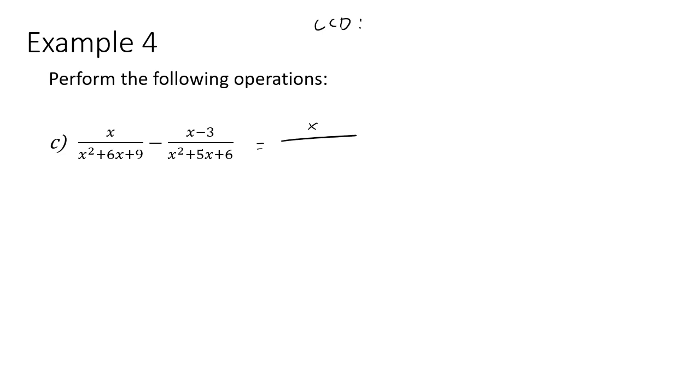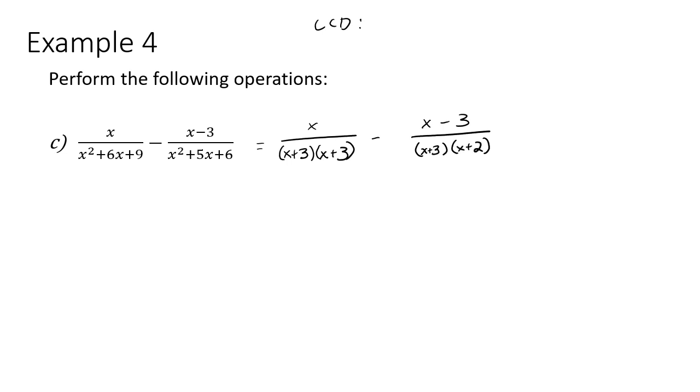So for the x squared plus 6x plus 9 in the bottom left, two things that multiply to give positive 9 and add to give 6 would be 2 3's. And in the bottom right, x squared plus 5x plus 6, two things that multiply to give 6 and add to give 5 would be a positive 3 and a positive 2.